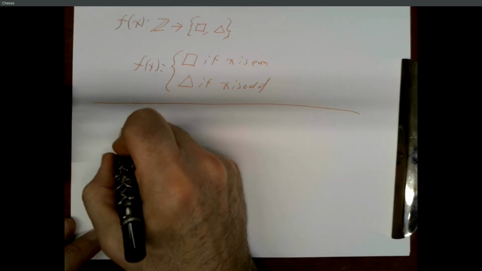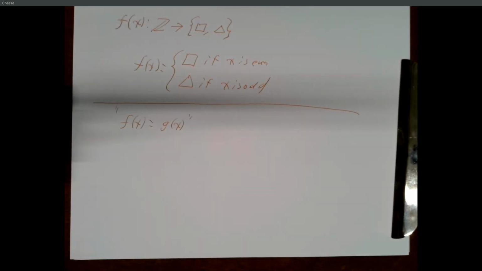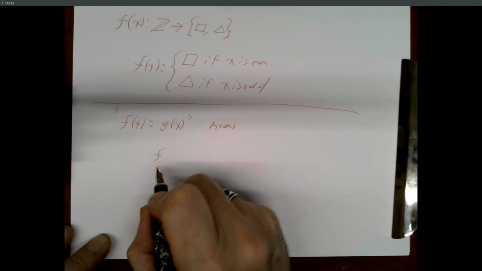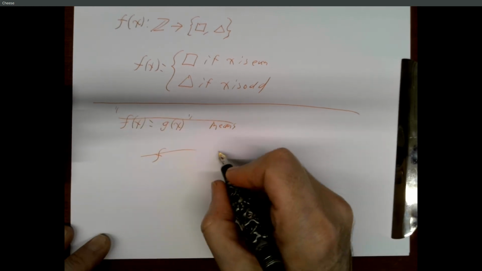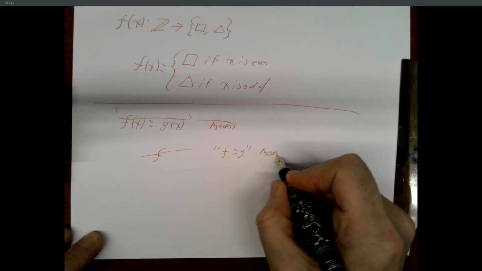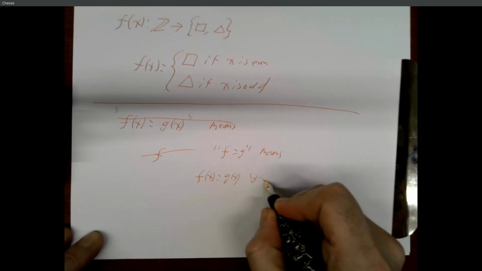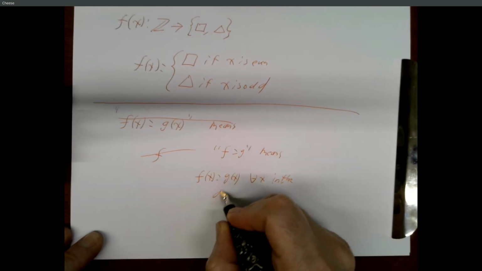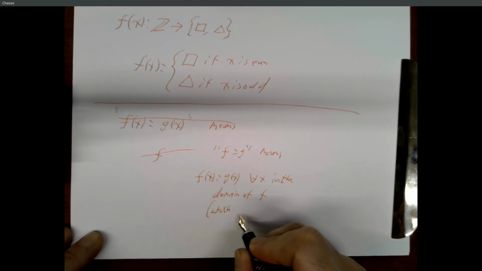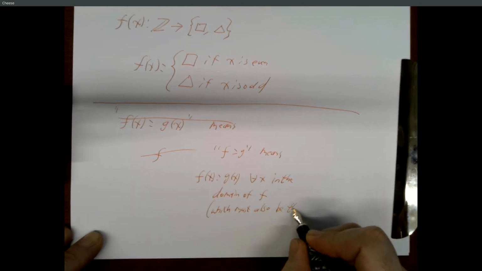All right, and one more definition. If I say f equals g, this means f of x equals g of x for all x in the domain of f, which must also be the domain of g.